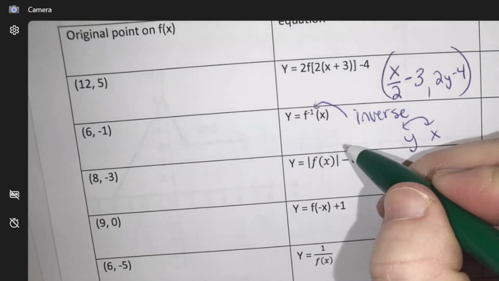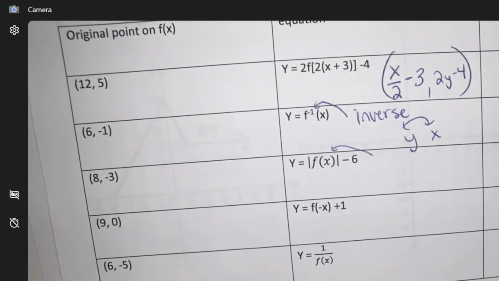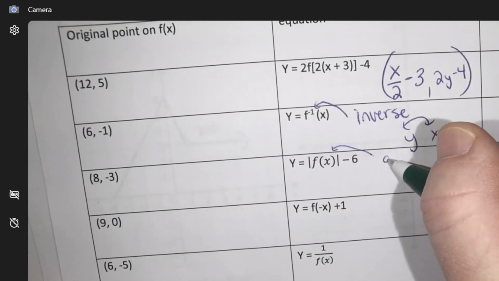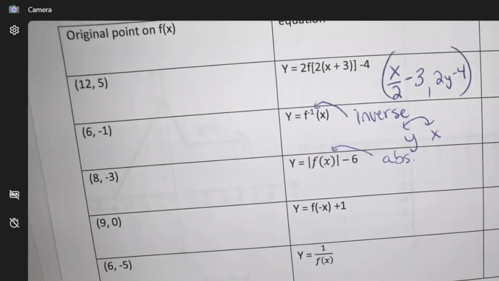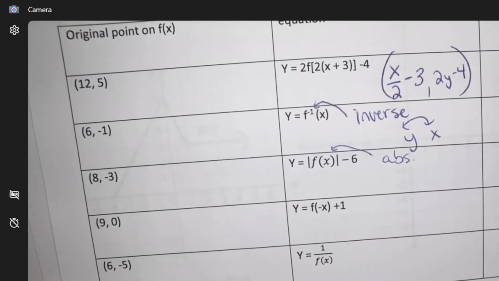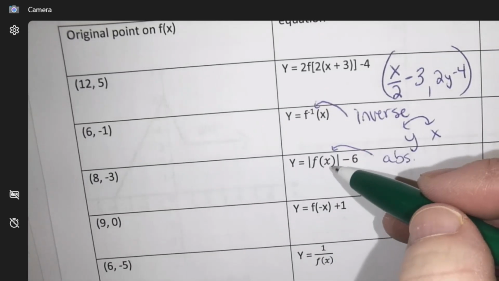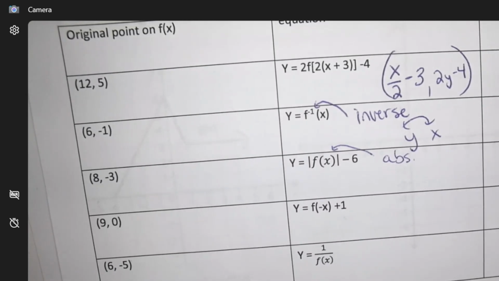Okay, what do these symbols mean in a word? Absolute value. So absolute is like a distance of something. So what do we know about a distance? It can't be negative distance, right? F of x represents what?